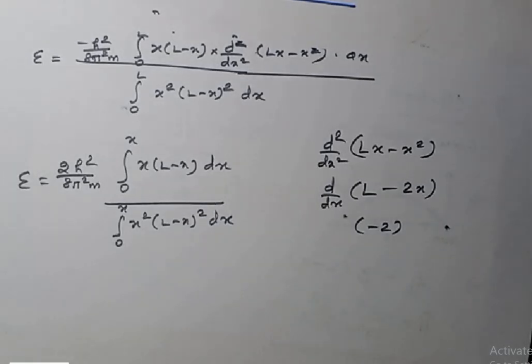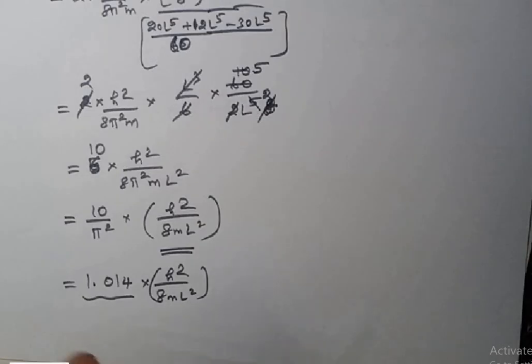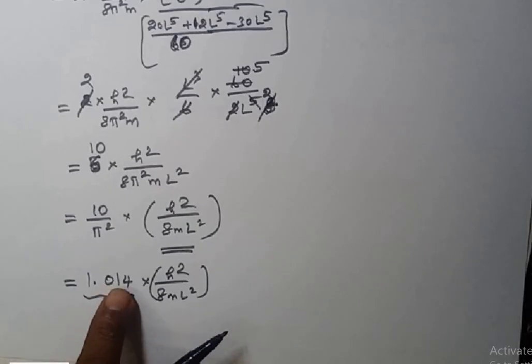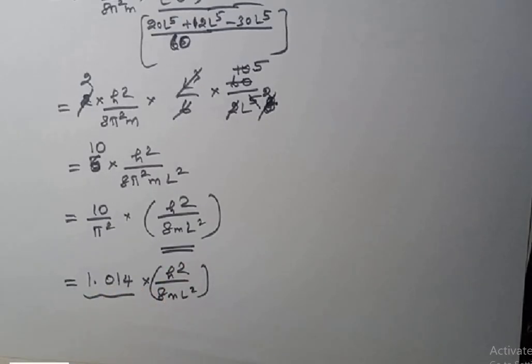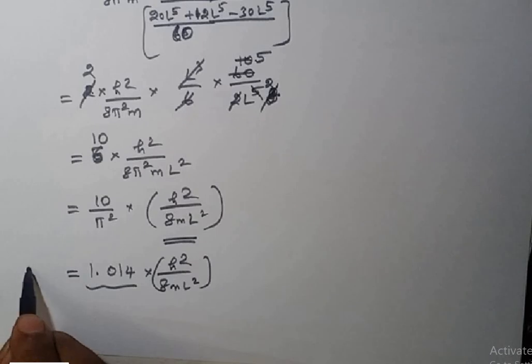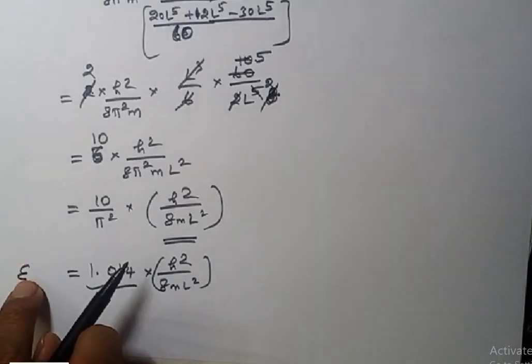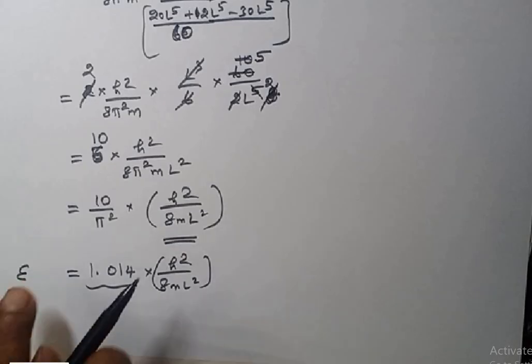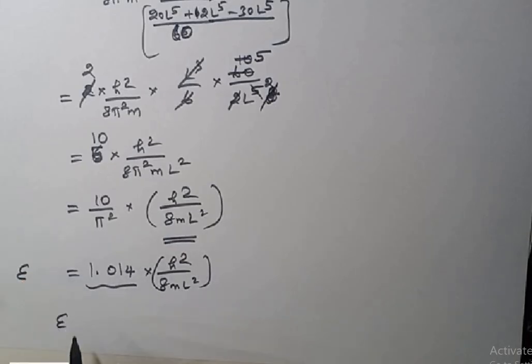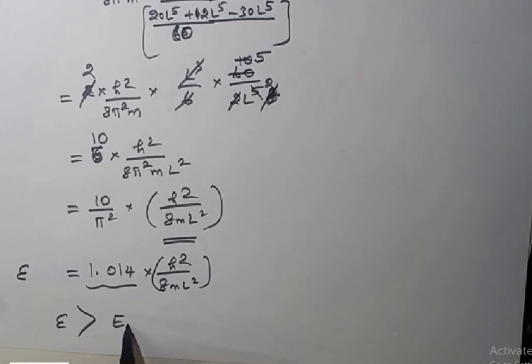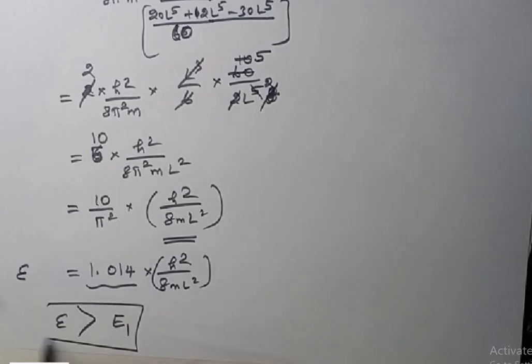If you simplify this, we end up with 1.014 into h square by 8 m L square. So this is the variational energy, or the energy calculated using the variation method. This energy is greater than the actual ground state energy of one particle in a 1D box.